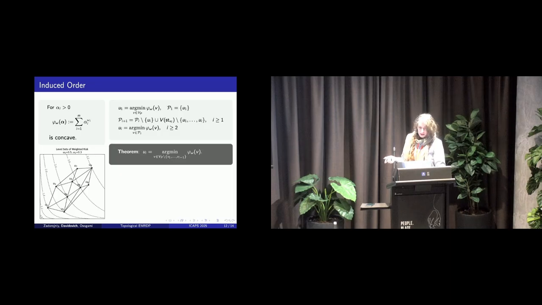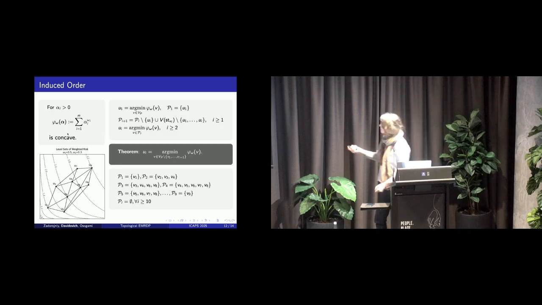Now, coming back to the figure, here is how it actually works. We start from the minimal risk vector, U1 in this case, and we take its star. Now, apologies for the typos.